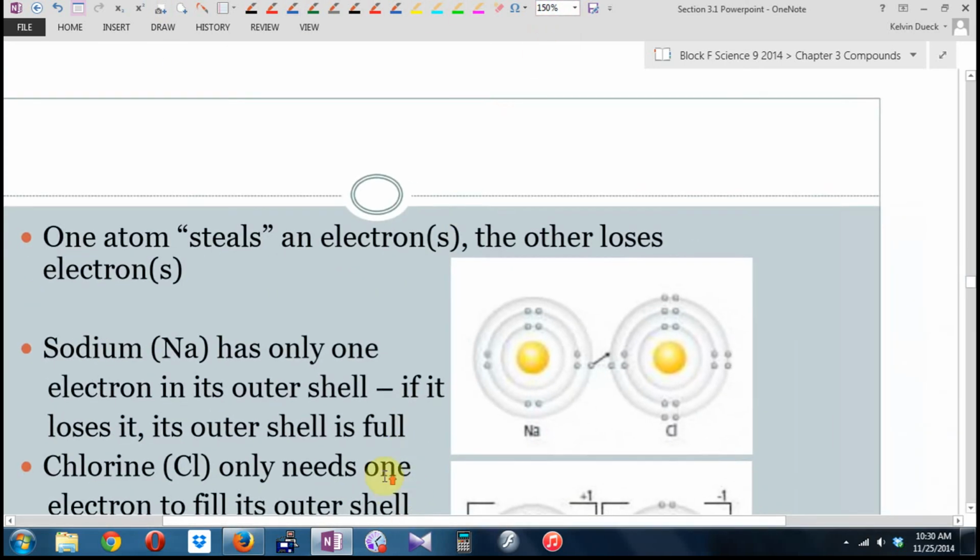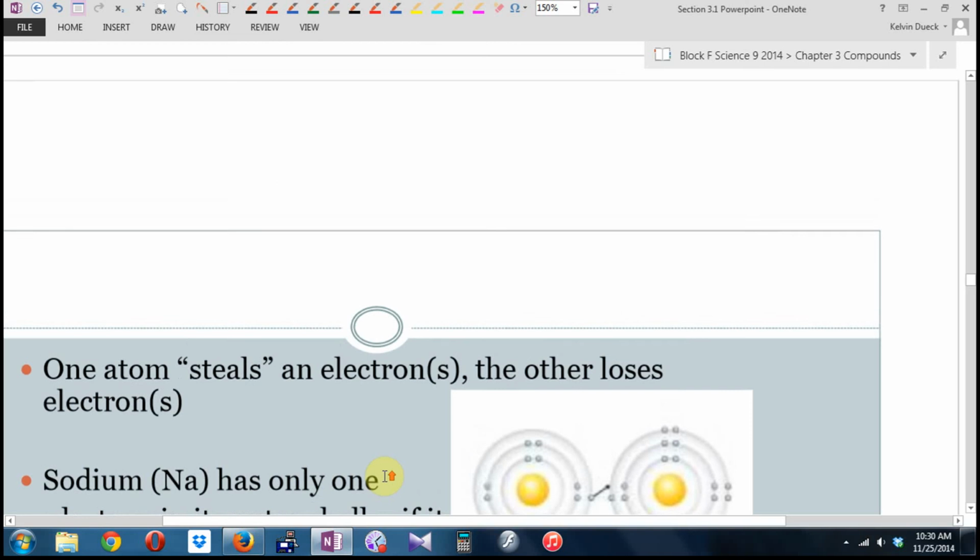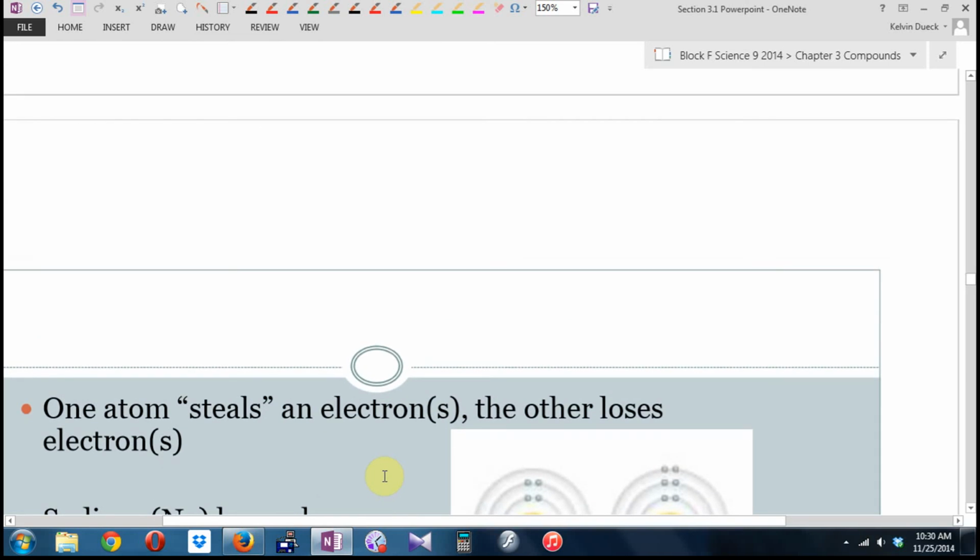So how does an ionic bond work? One atom steals one or more electrons, and the other loses. Which ones wanted to lose electrons, metals or nonmetals?